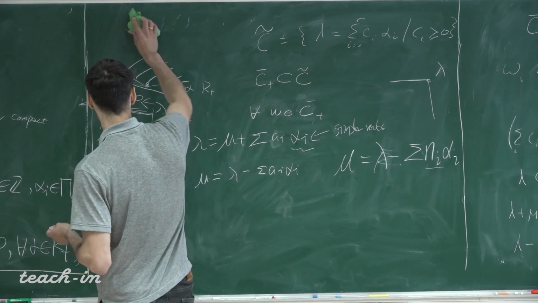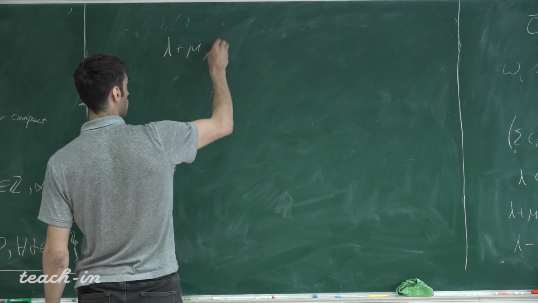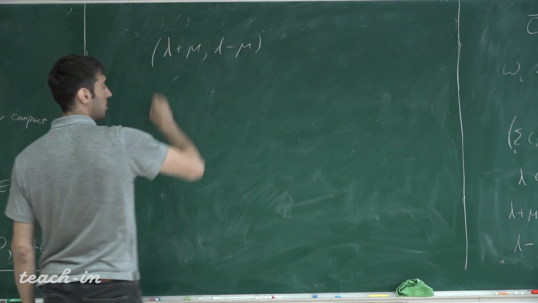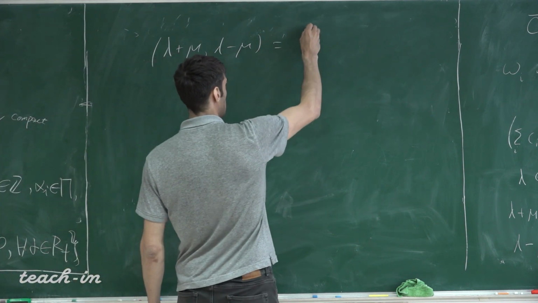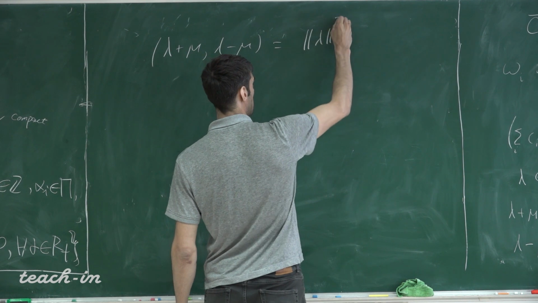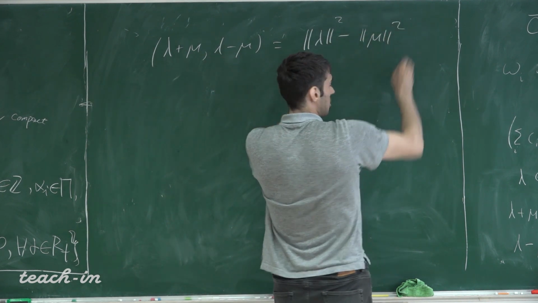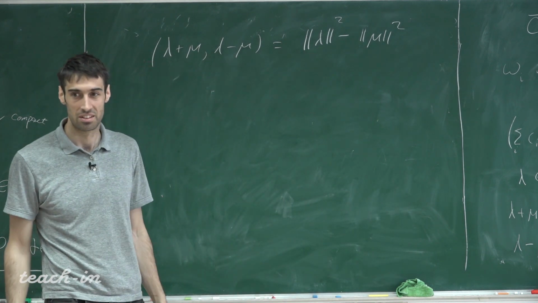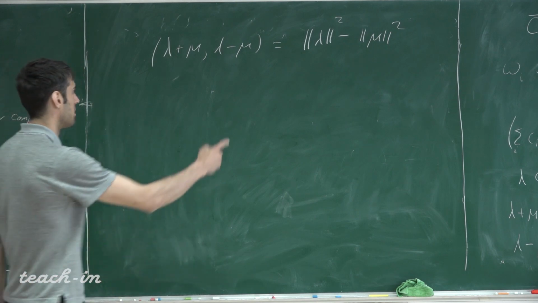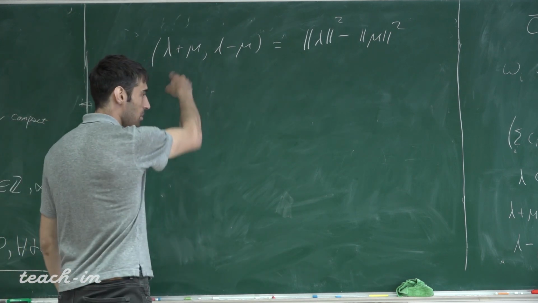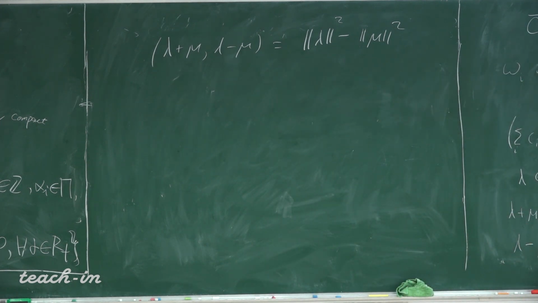Okay, so let me erase this. I would like to compute a scalar product of lambda plus mu with lambda minus mu. This is the difference of this. Then this one I would like to decompose using basis omega i.